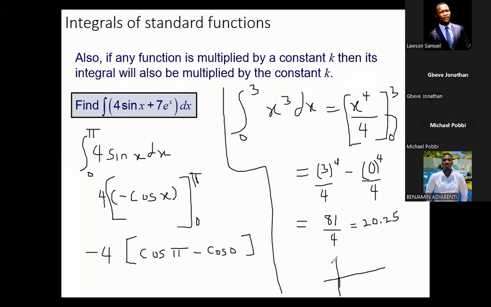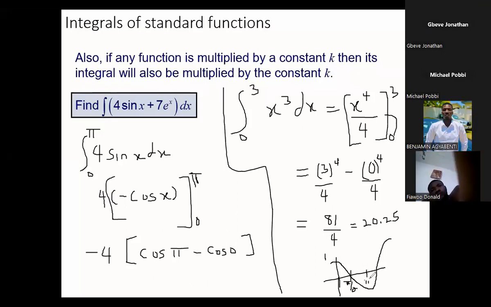And at cos 0, we are at maximum. At 90, we are at 0, and it keeps going. So at cos 0, we are at +1. At 90, which is pi over 2, we are at 0. And then at cos 180, which is pi, we are at -1. Your calculator should be able to give you that.